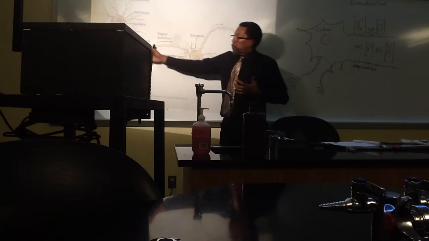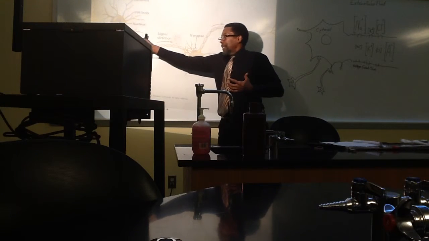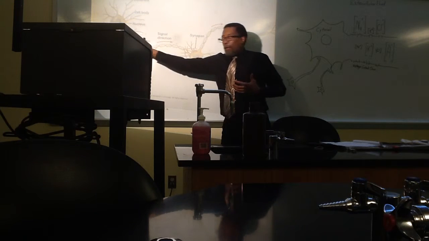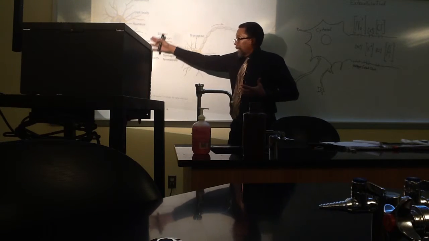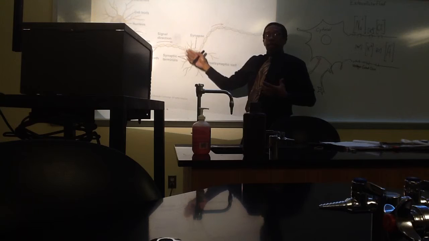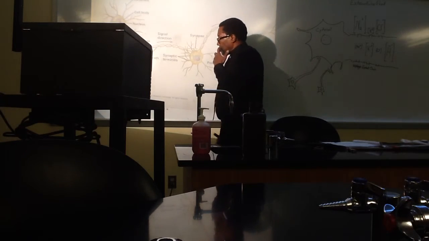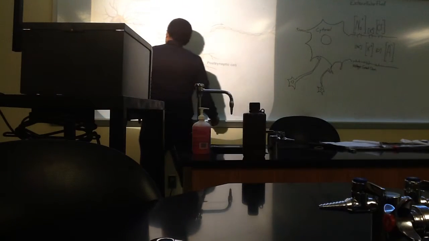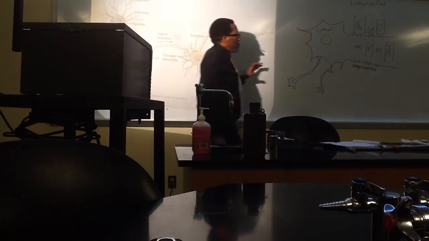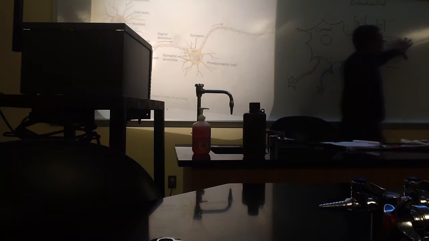Okay, but we're interested in the electrical changes that represent that signal, that nerve impulse traveling. As long as the impulse is traveling within a neuron, that nerve impulse will travel by electrical changes that we're going to understand by looking at this discussion.